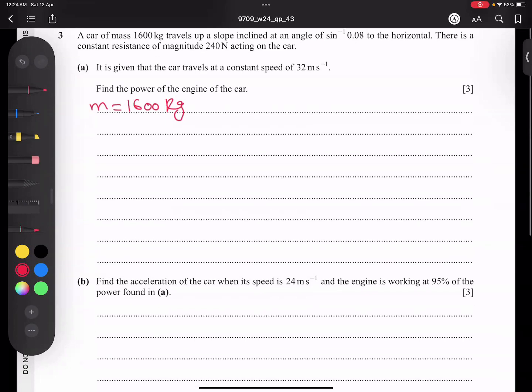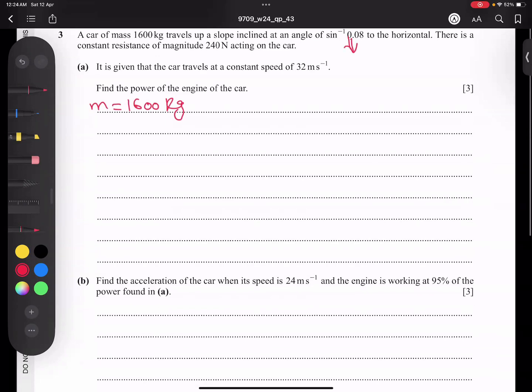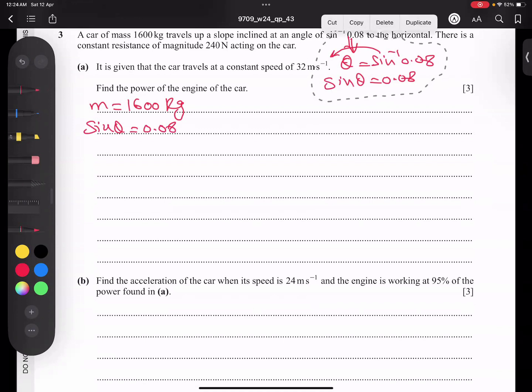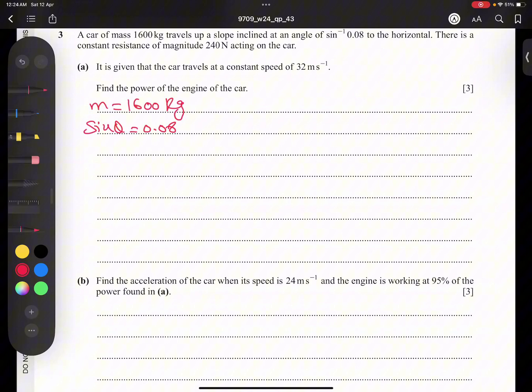If I call this theta, then theta is equal to sine inverse 0.08. If I bring sine on this side, it turns to be sine theta equal to 0.08. So this is done as well, and friction force is given 240 newtons.